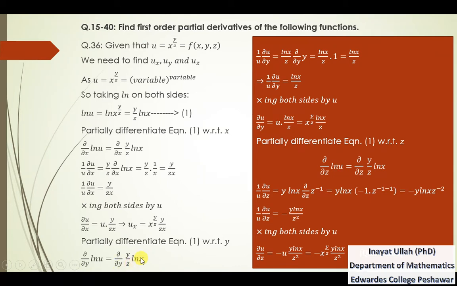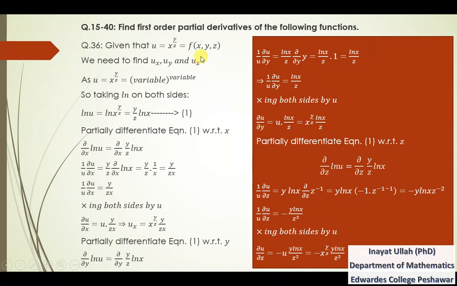Log of x by z is kept constant, so writing log of x by z outside this derivative, we are left only with del by del y of y, and this is equal to 1. So that will become log of x divided by z. So 1 by u del u by del y is equal to log of x divided by z. Multiplying both sides by u, and replacing this u by its own value from the given question, x to the power y by z, that is the first order partial derivative of u with respect to y.